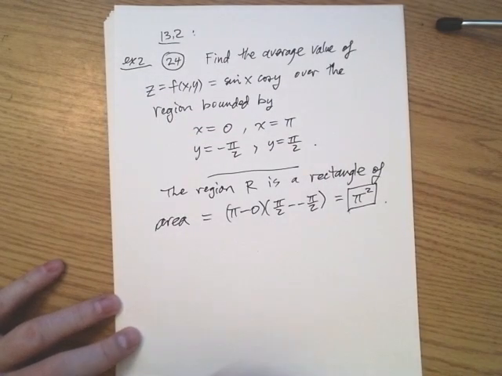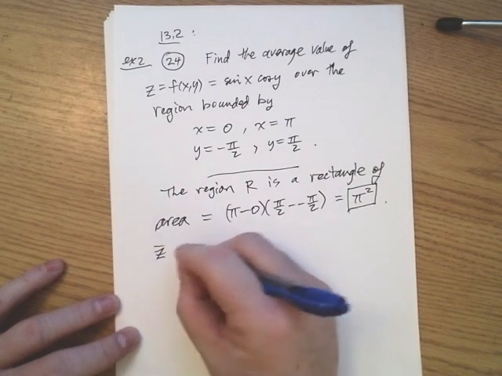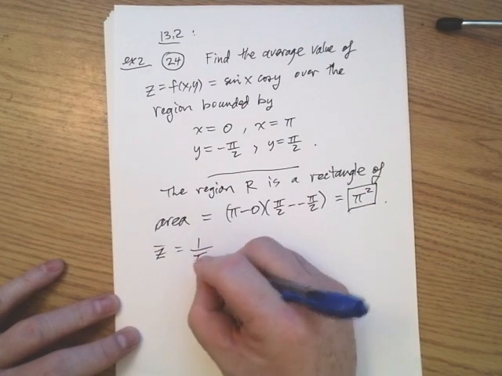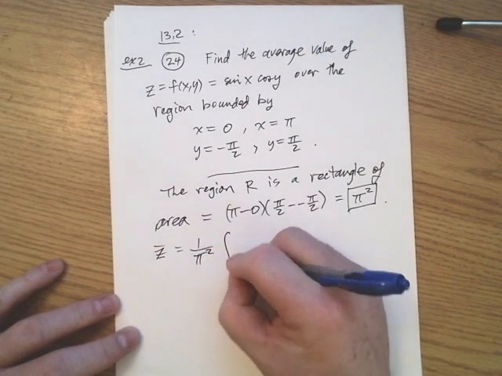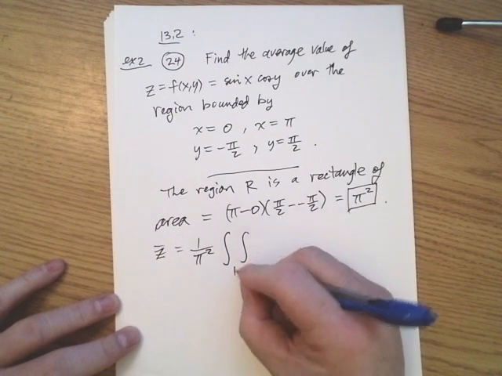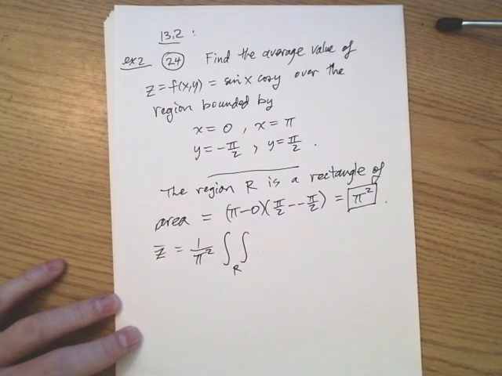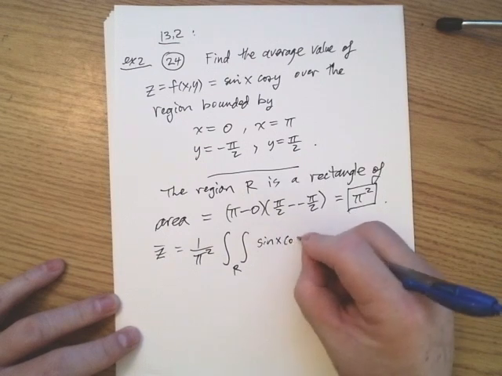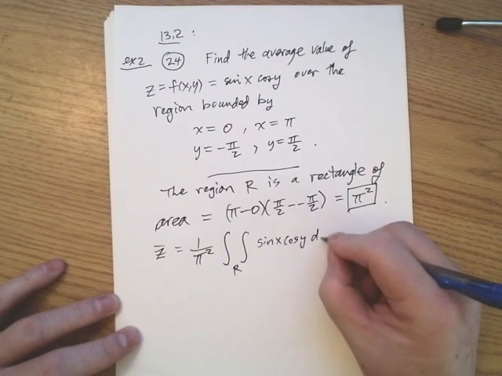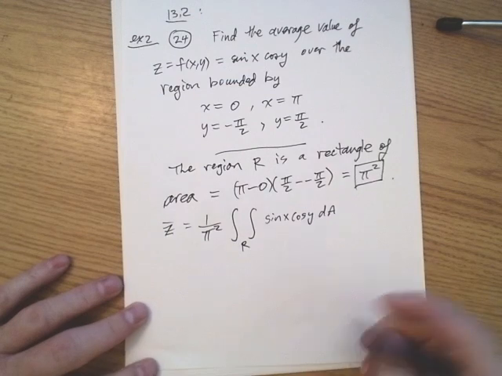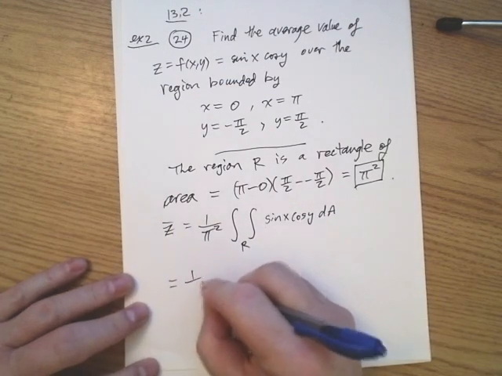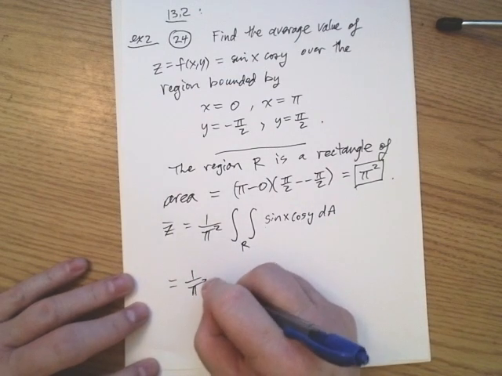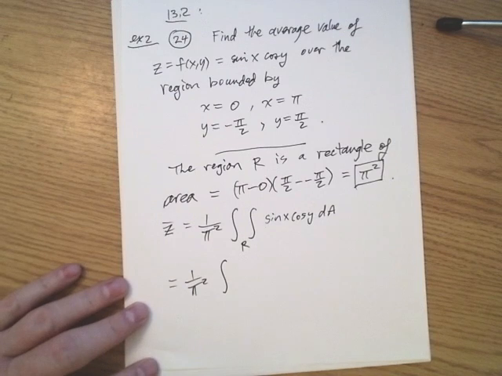Okay? So let's go ahead, do the following. We could say z bar is 1 over pi squared times the integral over the rectangle sine x cosine y dA. Now, because this is a rectangle here, we can write the following here.